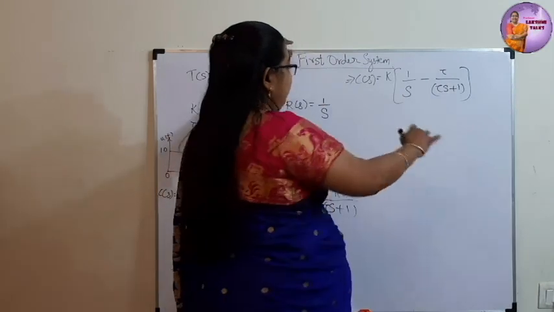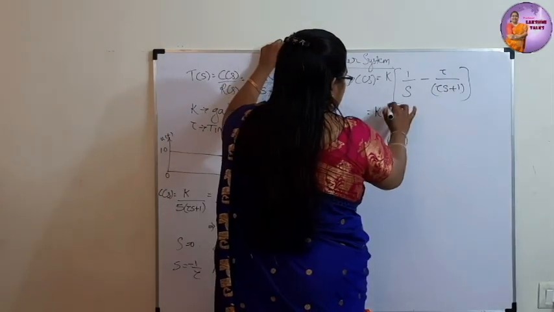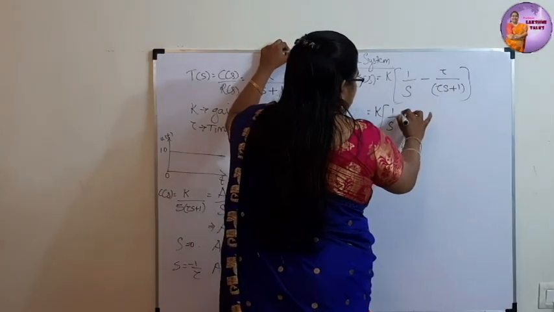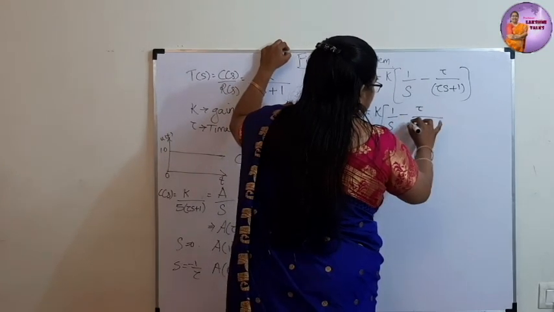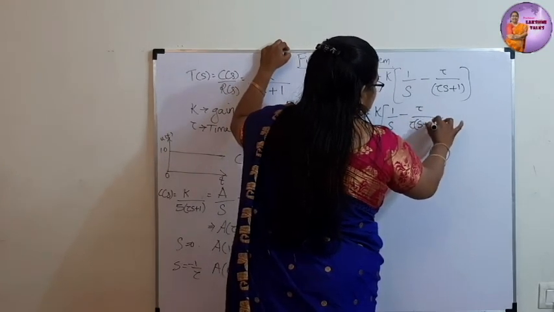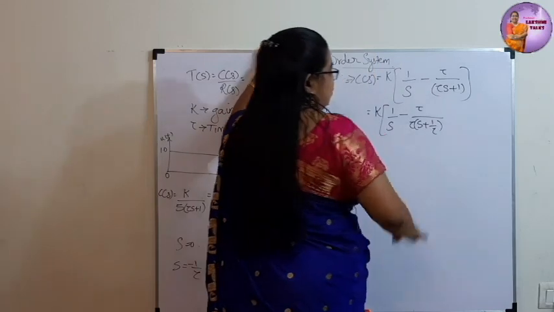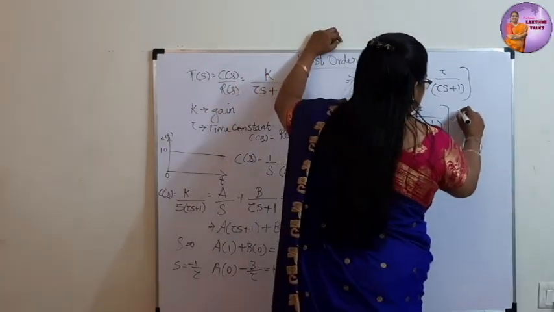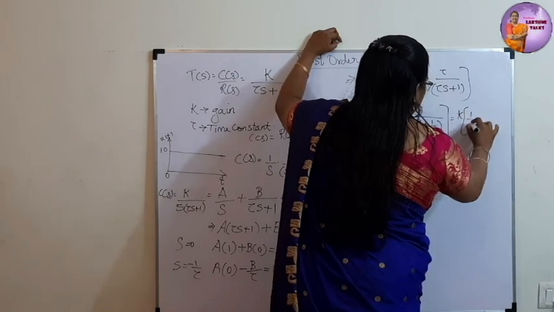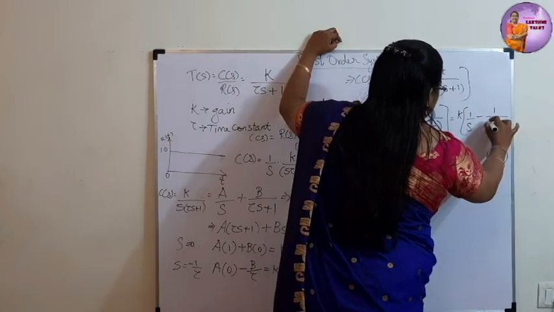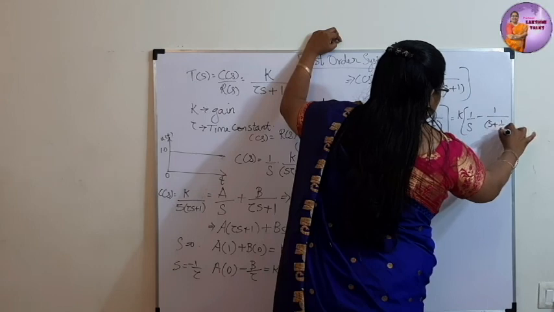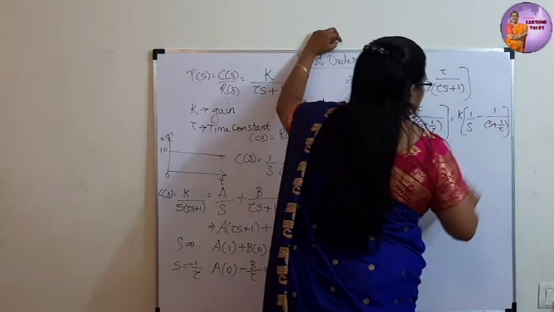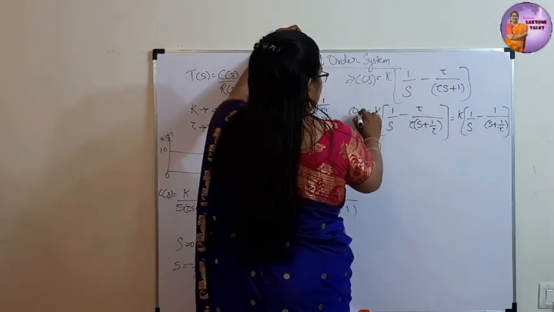When tau is taken outside, we get k into 1 by s minus tau divided by tau into s plus 1 by tau. So this tau gets cancelled, and it is nothing but k into 1 by s minus 1 by s plus 1 by tau. So this is our C of s.